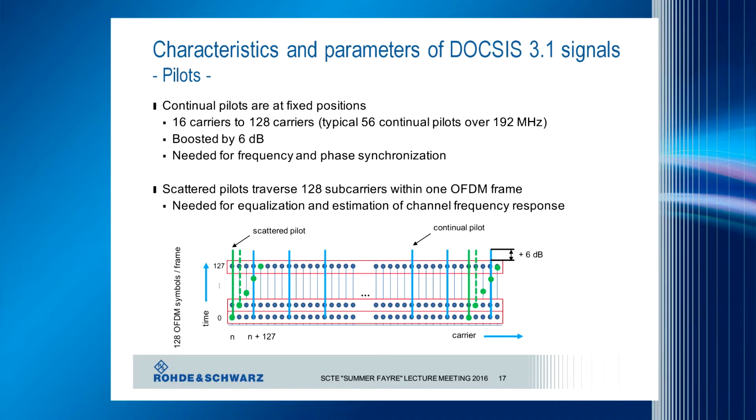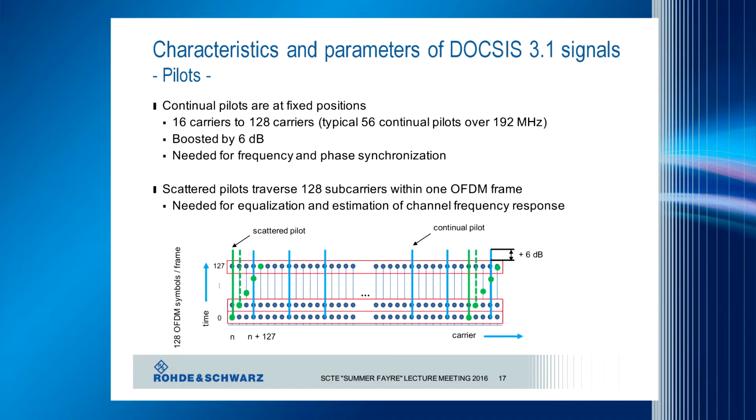Continual means that if the OFDM symbols are transmitted, the pilots always have the same location. And in contrast to the continual pilots, we have the scattered pilots, which travel from symbol to symbol, so it's like a sweep of a spectrum analyzer.